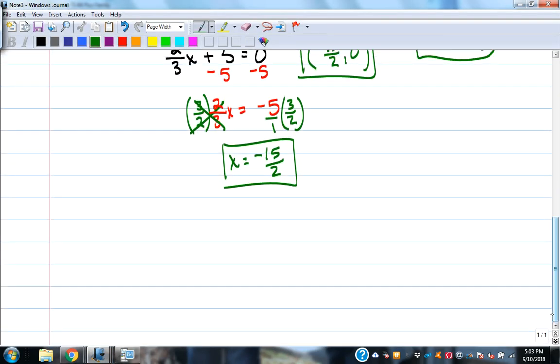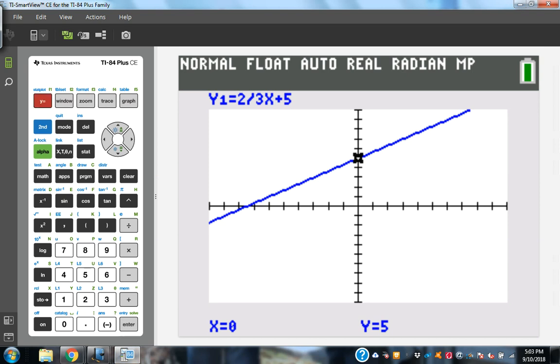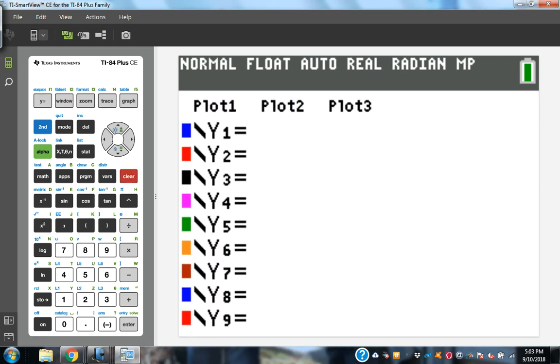All right. Let's get an exceptional one here. Example C. H of x is equal to 8. Ooh. What does that even look like? Honestly, I don't know. So let's go to the graphing calculator and get some help.